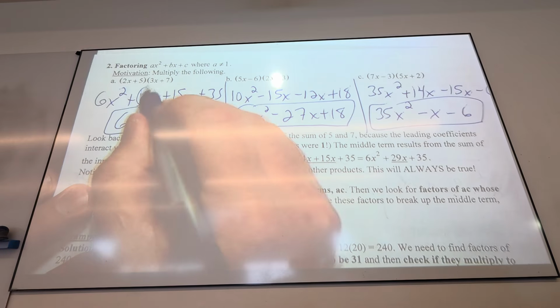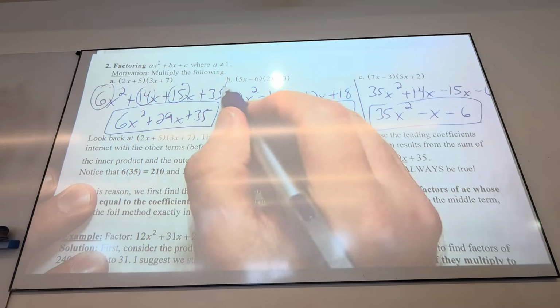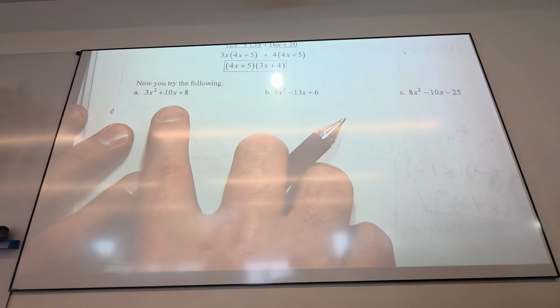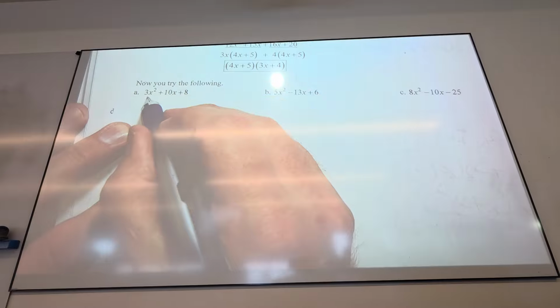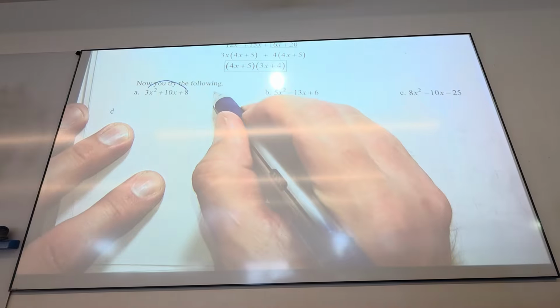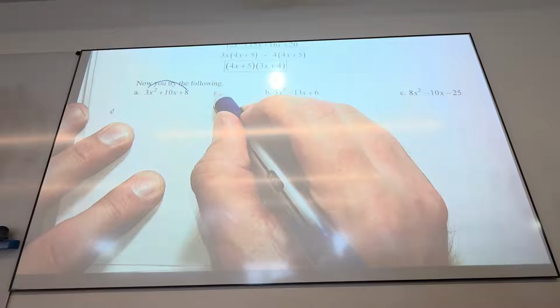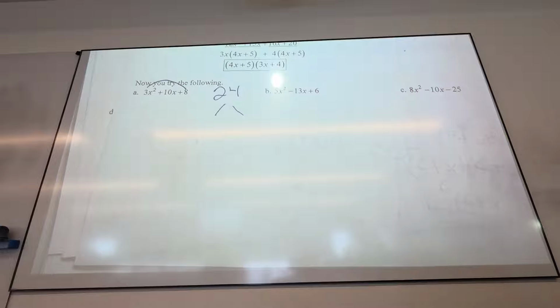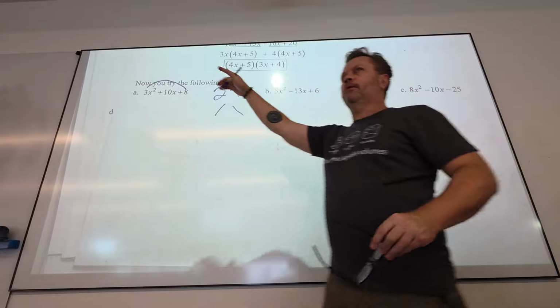Because this times this is the same as this times this. So if I'm given a problem like this, the first step, since the first number is not a 1, what's 3 times 8? 24. I find factors of 24 that add to be the middle number.